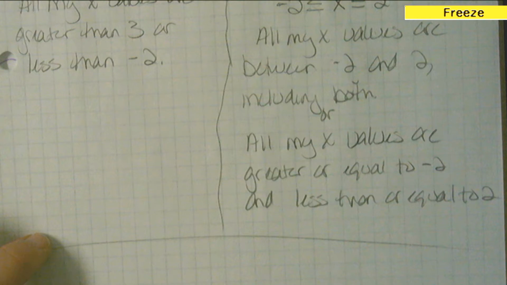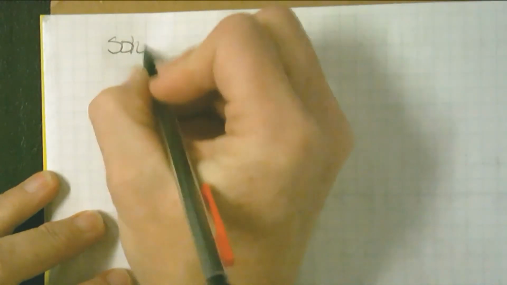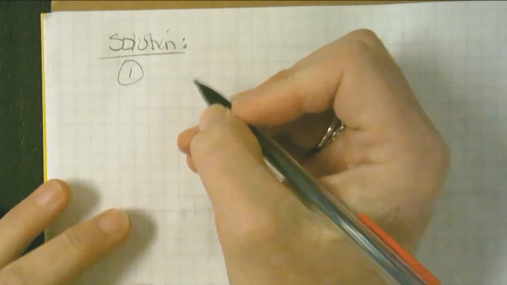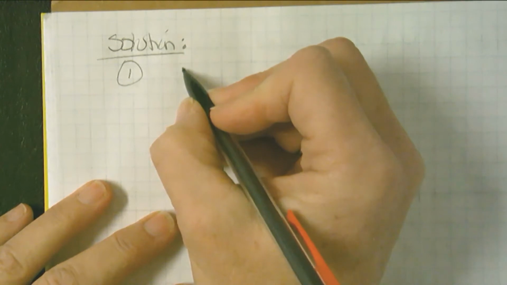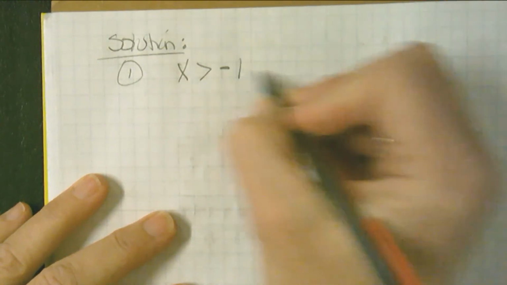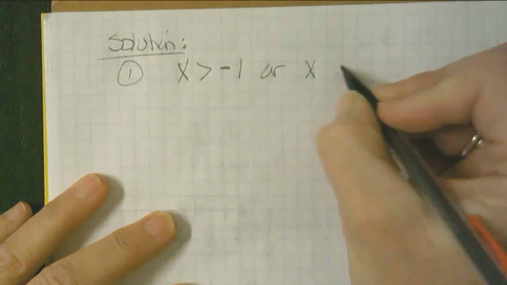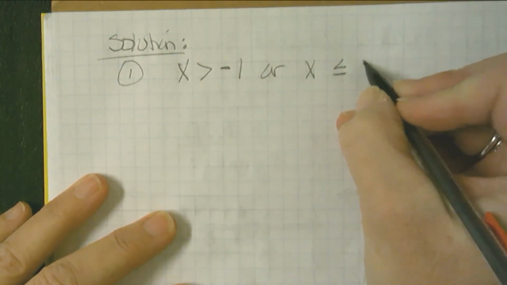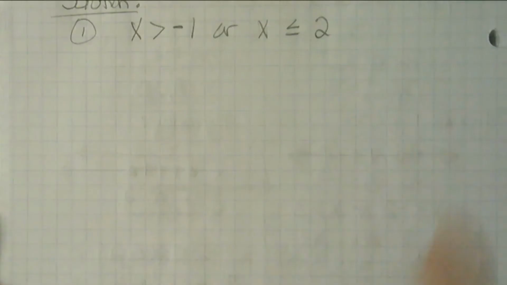Who needs to see what's up there? Okay, so let's say my solution is x is greater than -1, or x is less than or equal to 2. All of you graph that.